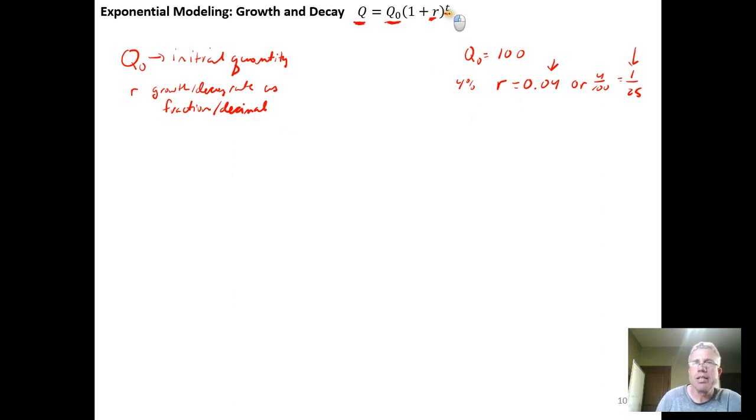And then T is the number of time units that you either grow or decay that item. It could be measured in days. T could be time in days, where you have something growing or decaying a specific way every certain number of days. Or T could be time in months, weeks, or years.